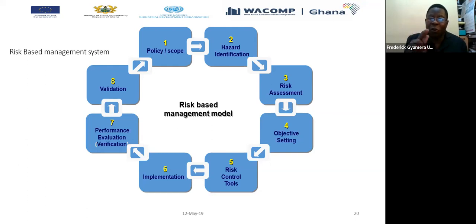Your policy or your scope should be shaped by the knowledge that you have. And you apply that knowledge to do your hazard identifications, brainstorming, the literature. What is the trend? What is happening, what is going to happen. Do you need substitutes?